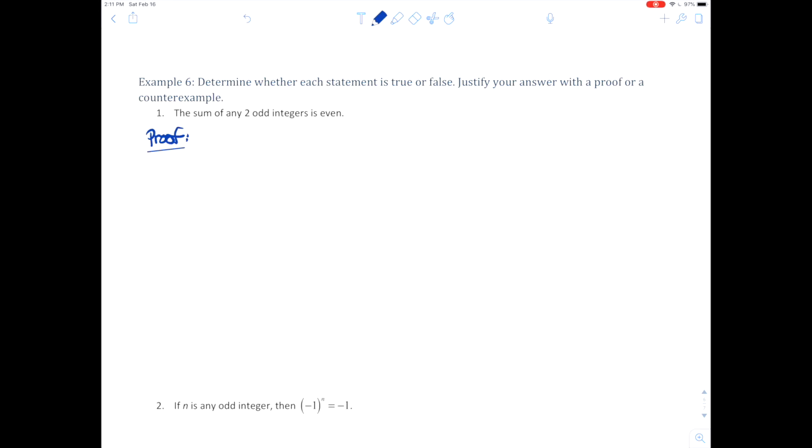And you can sort of check this in your head, right? I mean, isn't 3 an odd integer? And 5 is an odd integer? And isn't 3 plus 5 8, which is even? Right? So I think it's true. But I don't want to use 3 and 5 because there's infinitely many ways this can be true. So, what would we do?